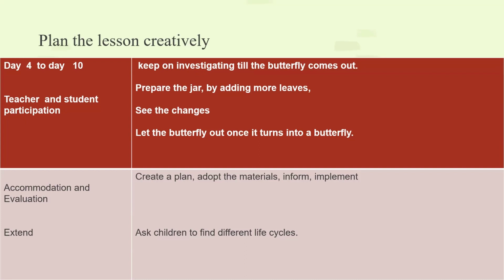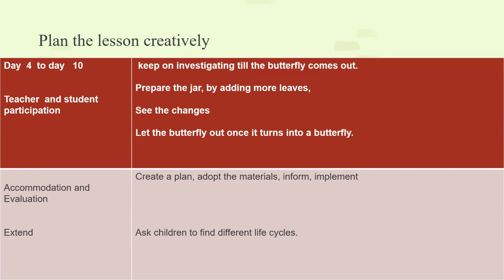So, after the lesson, and not only after the lesson, throughout the lesson, we have to always provide opportunities for our diverse learners. We have to create a different plan if our materials are not suitable for different learners.